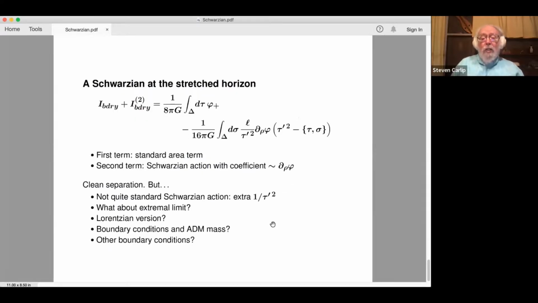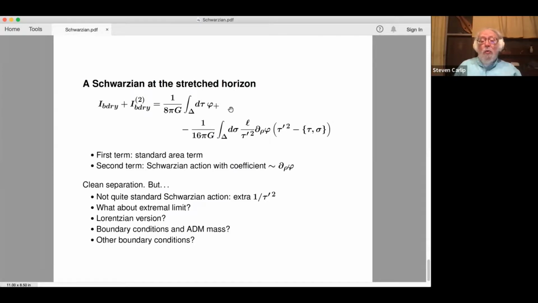When you do that, you get a boundary term that has two pieces. The first is, again, just the standard A over 4G. Only the difference now is that this is the actual area at the horizon, not the stretched horizon. So that's the kind of correct zeroth order term in the action. The second term now is just a Schwarzian action.